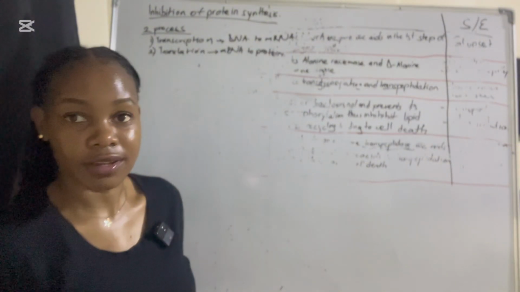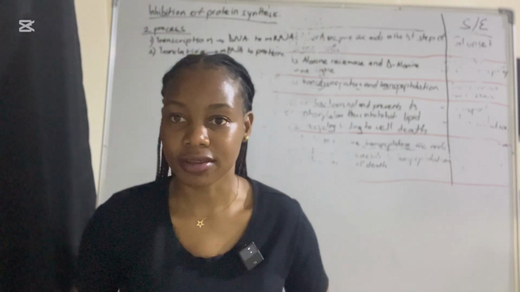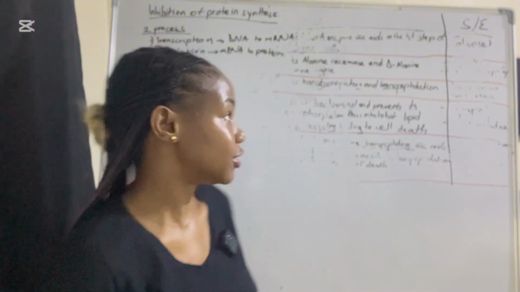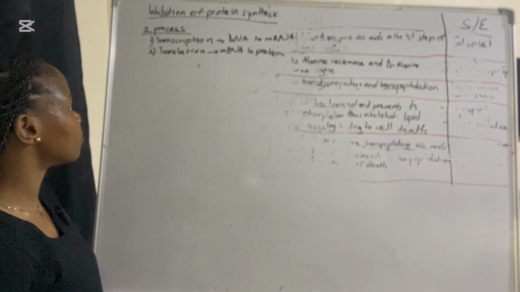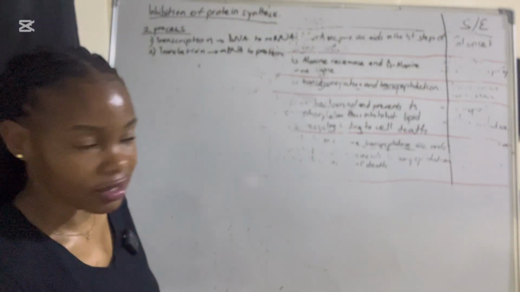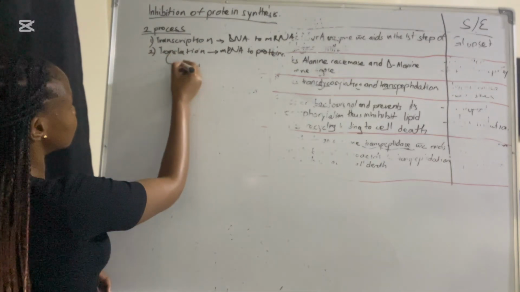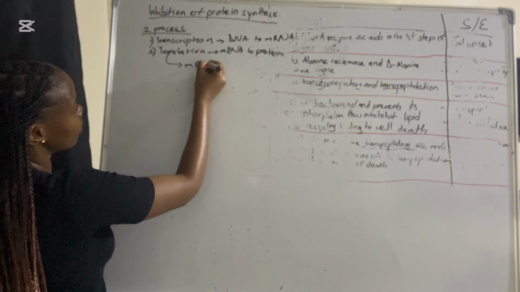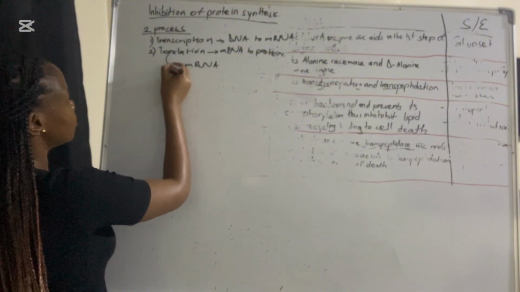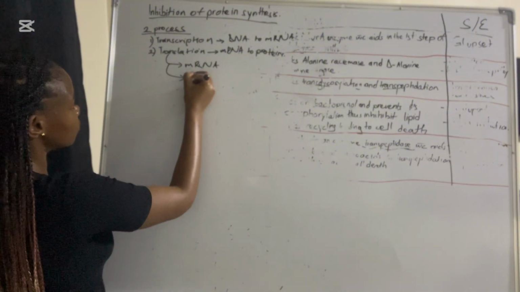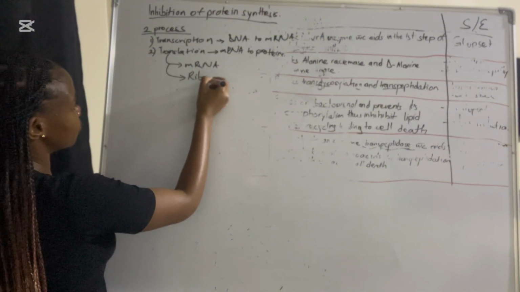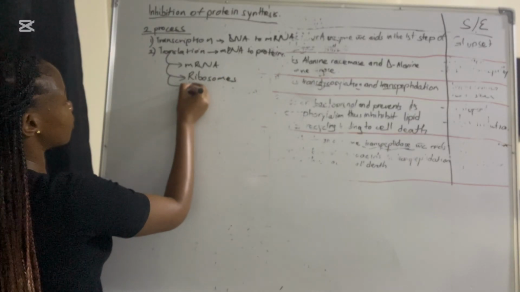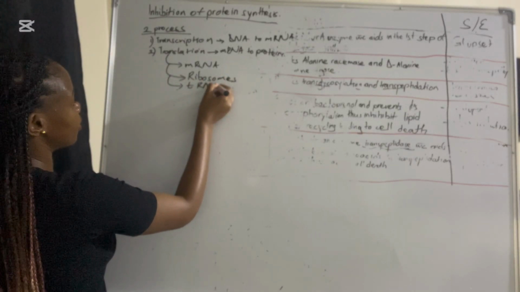Our main focus today in these drugs responsible for protein synthesis is specifically translation. In translation, there are different substances that are needed. We need three substances: messenger RNA, ribosomes, and also transfer RNA.